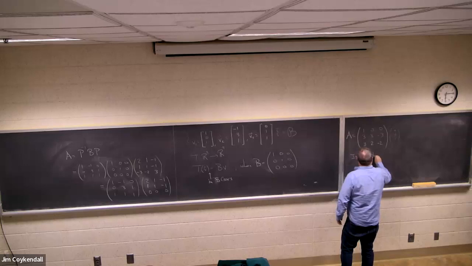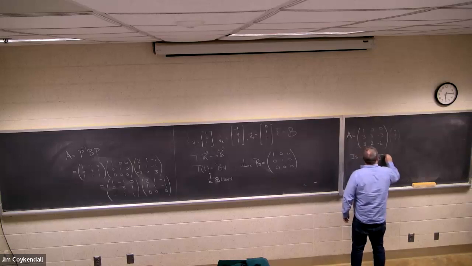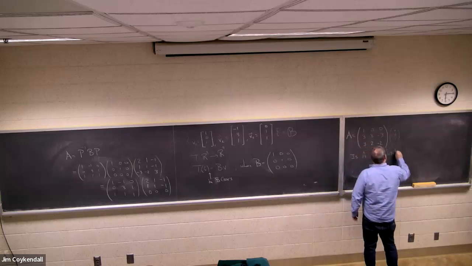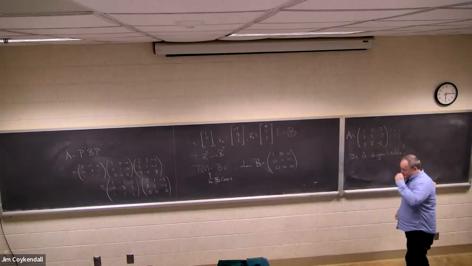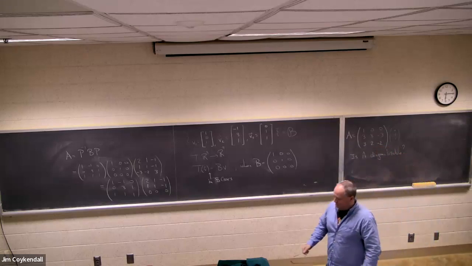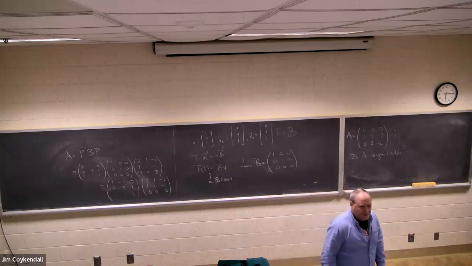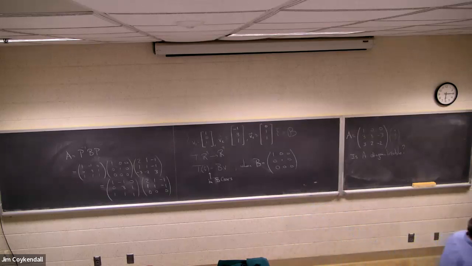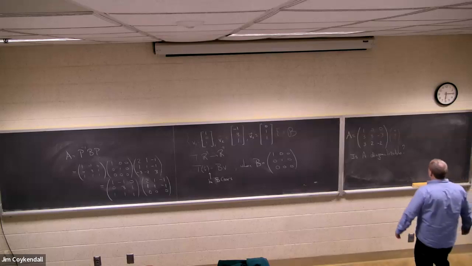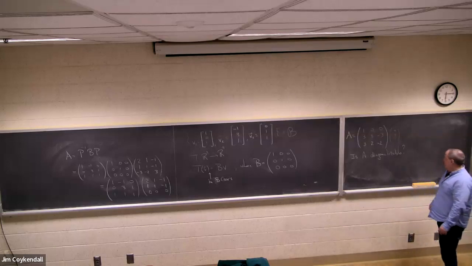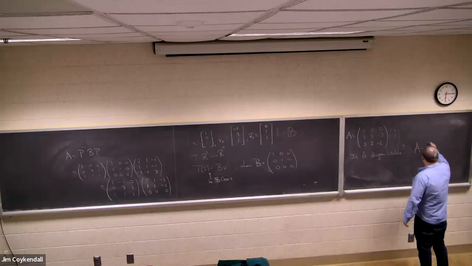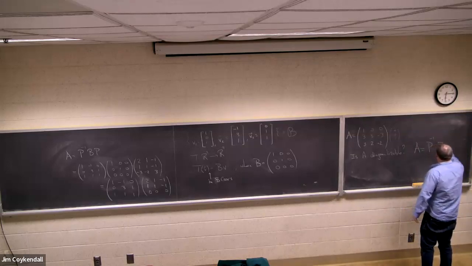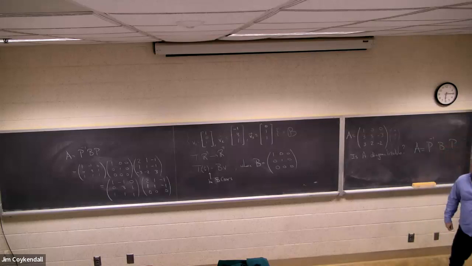A. Oh my gosh, I've got to find that eigenfraction. Or do you? This is the advantage of doing it the way we did it the first time. Isn't that how I computed A?